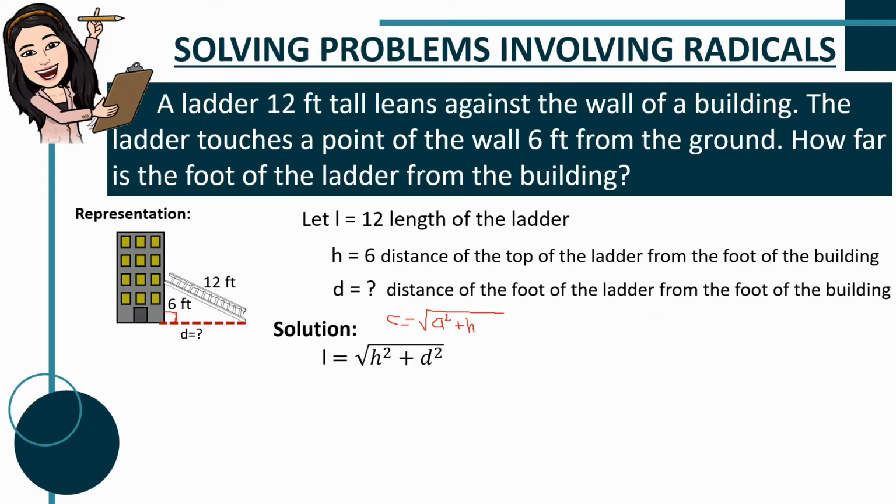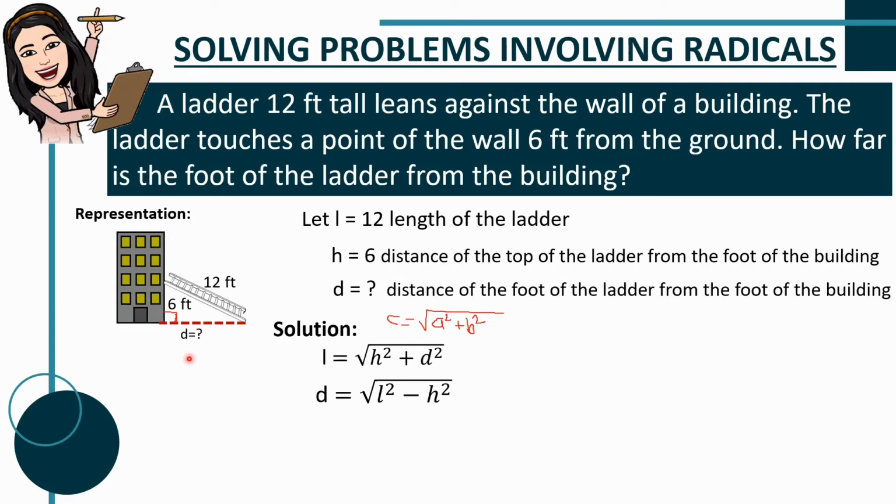Or we have C is equal to square root of A squared plus B squared. So, nirepresent lang natin siya depende dun sa ating representation na ginamit. Since ang hypotenuse ay L, L ito. Then A is equal to the H and D. Okay? Now, let us substitute the values.